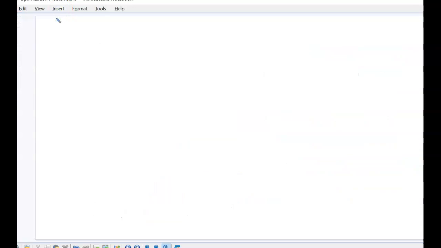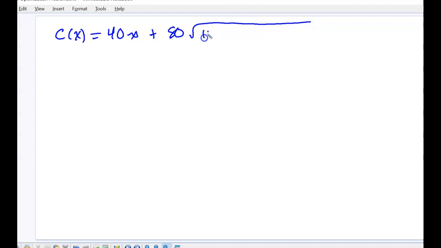So let's just rewrite this here so we have a little bit more space to work with. So there's the cost of the underground portion, and it's 80 times 100 squared. Actually, I'm going to rewrite that as 100 squared plus 1200 minus x all squared, all to the 1/2. And now I have it in a derivative-friendly form.